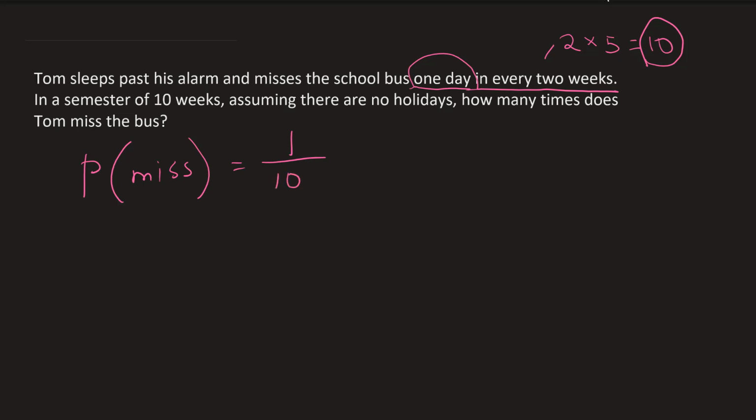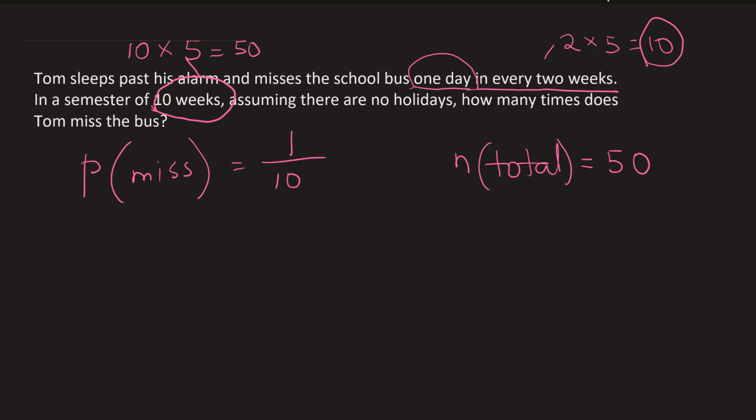In a semester of 10 weeks, assuming there are no holidays, how many times does he miss the bus? 10 weeks, let's convert that to school days. So that is 10 multiplied by 5 days a week, so it's 50 days. So that means that our N total is equal to 50.